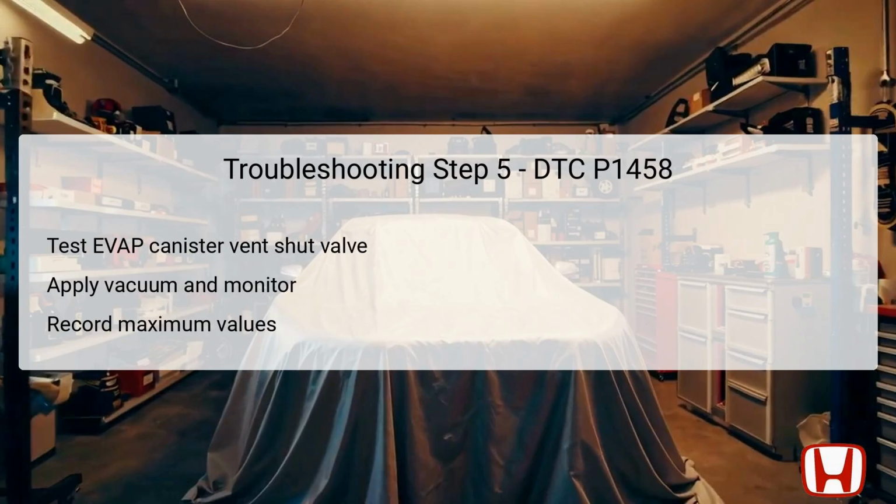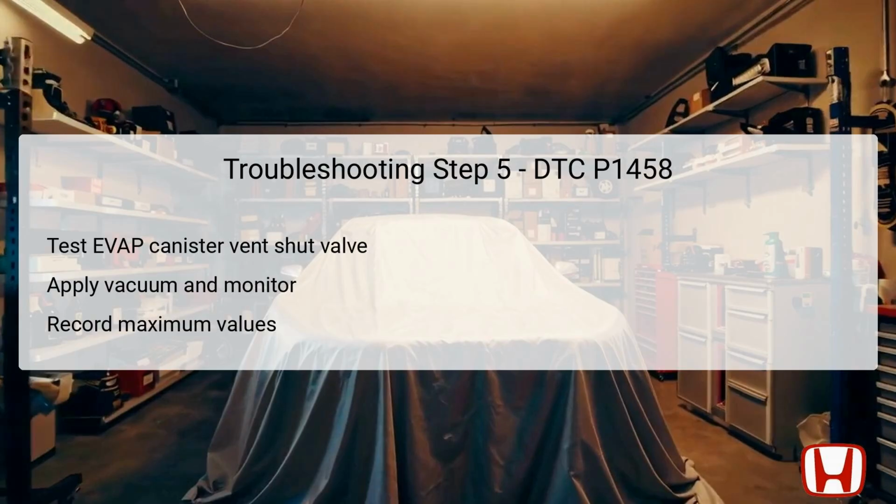The fifth step involves testing the evap canister vent shut valve. First, disconnect the vent hose from the valve and connect a vacuum pump or gauge to its port. Turn the vehicle to the on mode, allowing the HDS to monitor the readings. While applying a vacuum not exceeding 5.3 kilopascals, observe the reading of the FTP sensor via HDS.